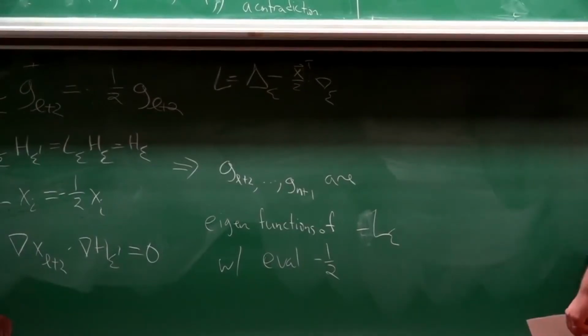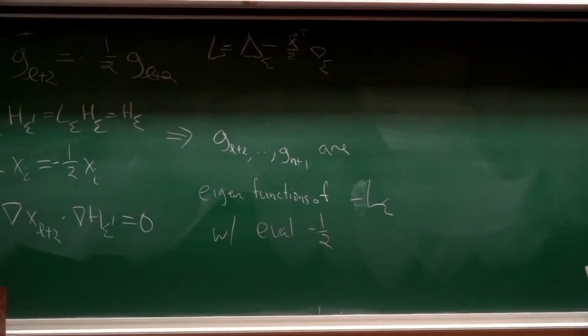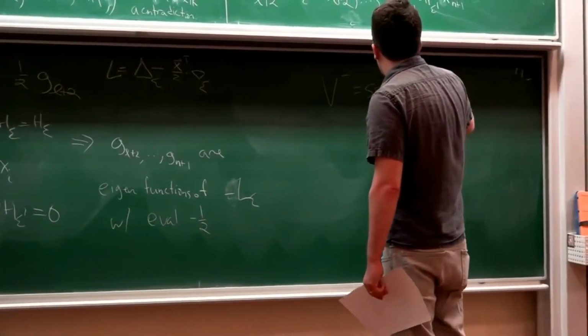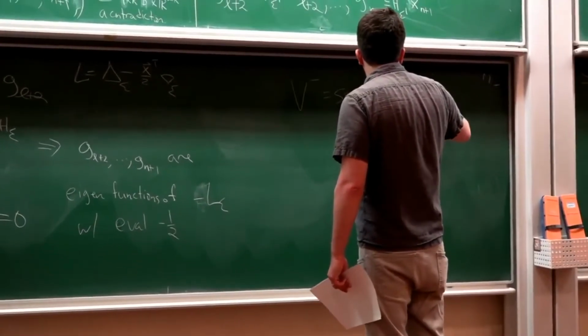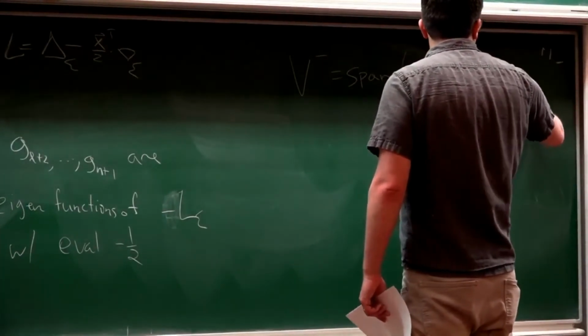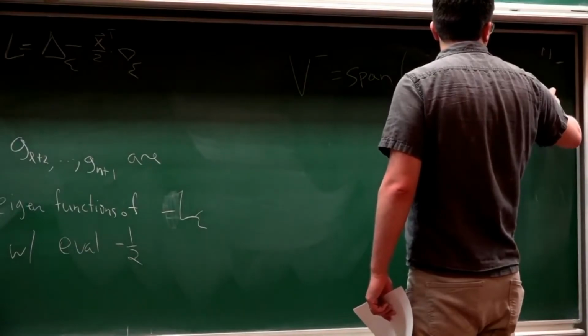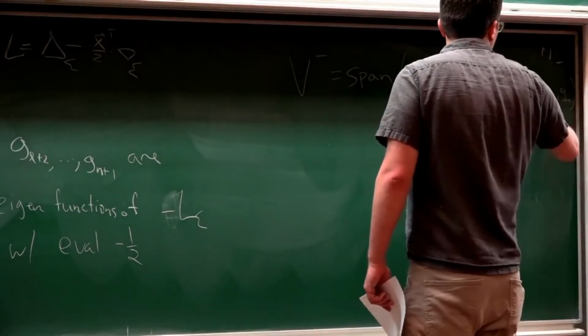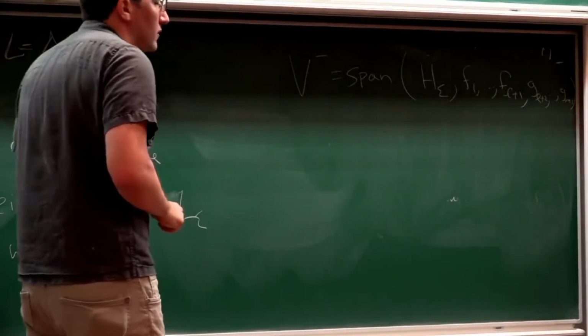Then, by the same argument, because of the index bound, V minus is the span of H sigma, F_1 up to F_{l+1}, G_{l+2} up to G_{n+1}. So you found all the eigenfunctions.